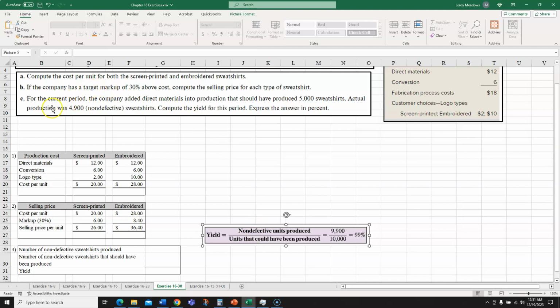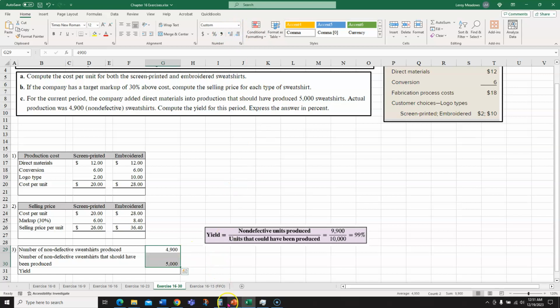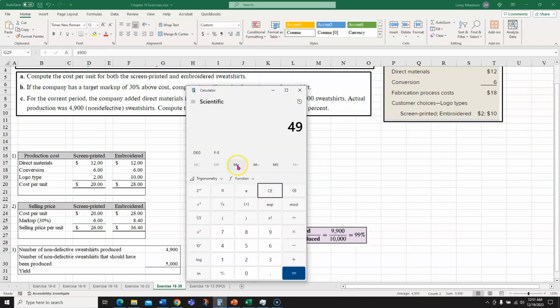Let's take a look here. We're told we should have produced 5,000 sweatshirts, but we only did 4,900 non-defective sweatshirts. So my non-defective sweatshirts, 4,900, divided by 5,000 units that I should have done, is 0.98.